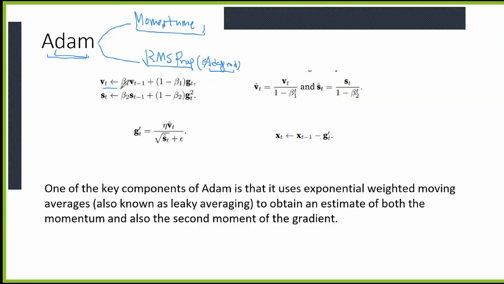The first formula here is the formula that we have seen from the momentum. It's just slightly different in the sense that in the momentum slide, we didn't have this term, but the idea is the same. And this second term of accumulated gradient comes from RMSProp.